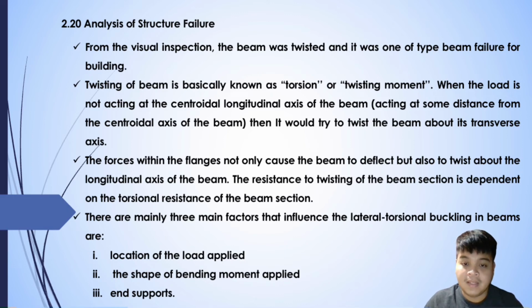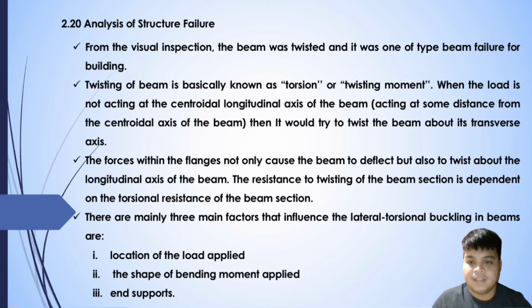There are three main factors that influence lateral torsional buckling in a beam: the location of the load applied, the shape of the bending moment applied, and the end support. I will explain more on these three main factors. First, the location of the load applied.